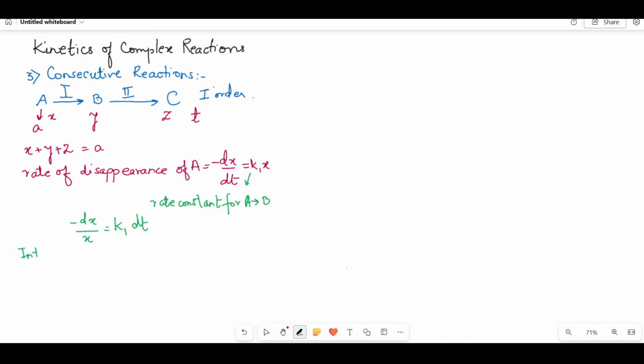On integrating, we get minus ln of x is equal to k1t plus I, where I is the integration constant.